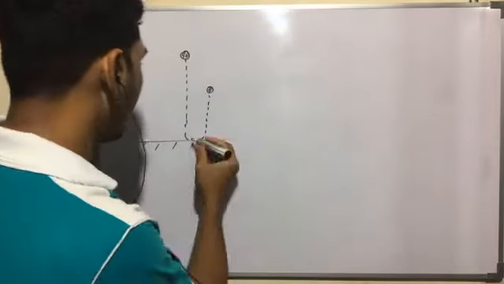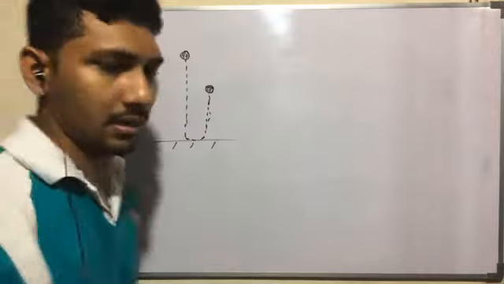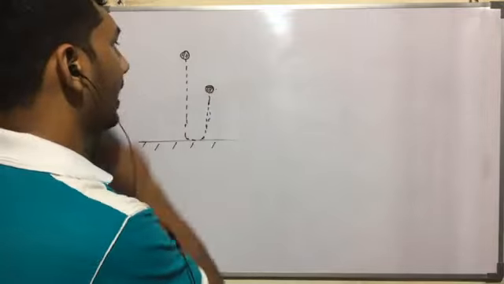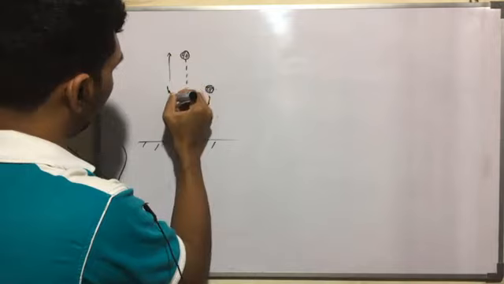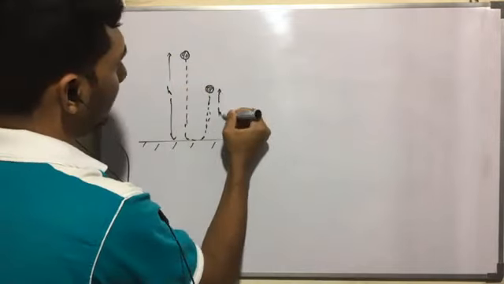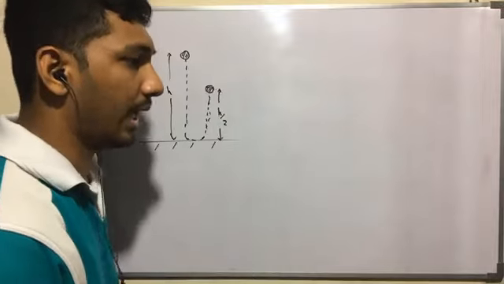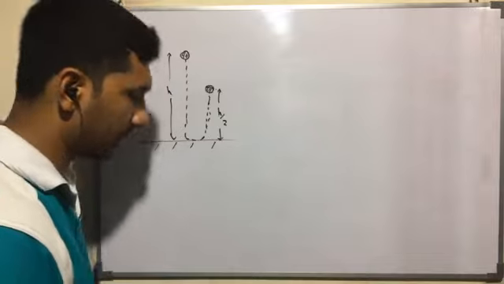Most of the time it doesn't come back to your hand; it stops at a smaller height. So they say you drop it from h and it bounces back to a height h by 2. Okay, so the velocity-time graph. Can you try this?